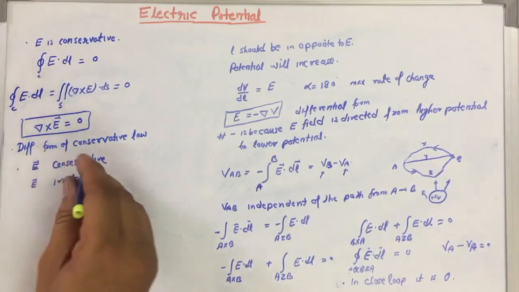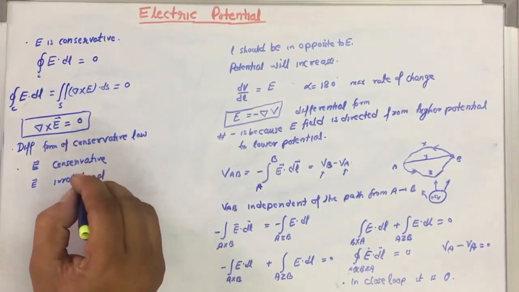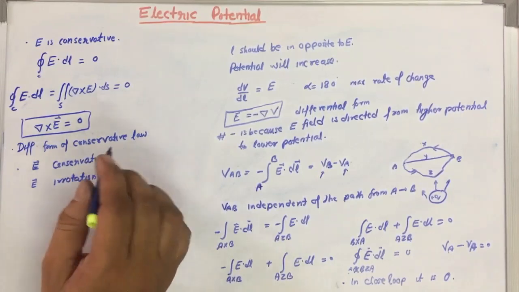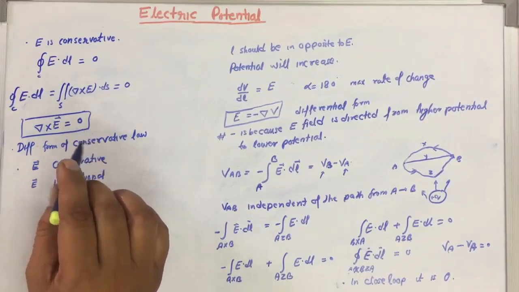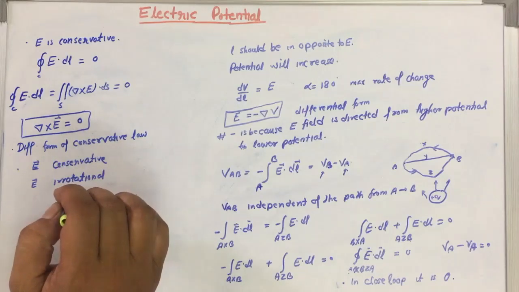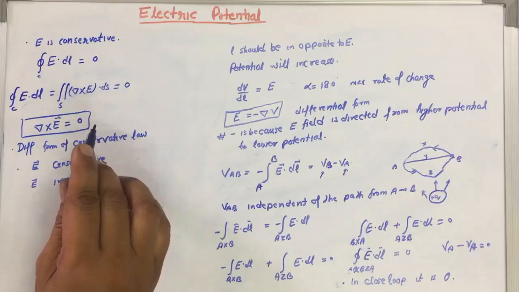In curl we have studied this. So from here two conclusions can be drawn: E is conservative and it is irrotational, and this is the differential form of the conservative law of the electric field.